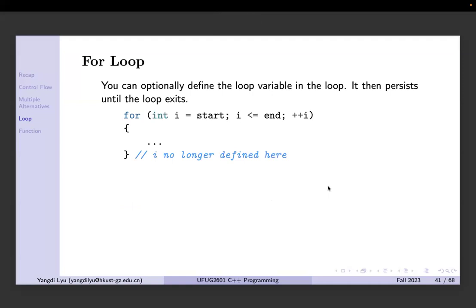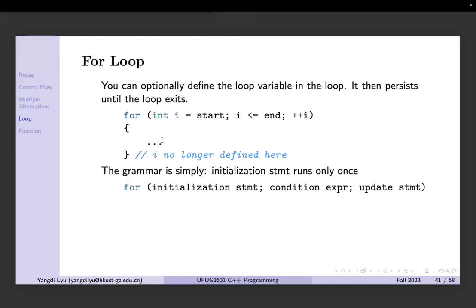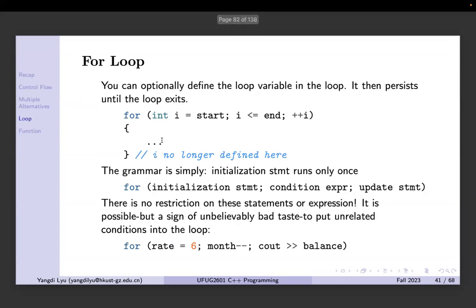But indeed, a for loop is very simple, right? We don't have to say the first one has to be i, the second one has to be i, the last one has to be i. No, there has to be a statement: initialization, condition, update. So any form could work. For example, it could be rate assigned to 6 as an initialization, month minus as the condition, and the cout balance as your updating statement.